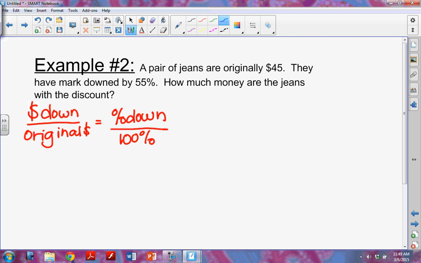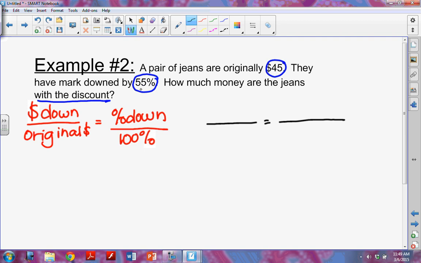Circle and underline what we need to. Pair of jeans are originally $45. Here's the typo. They have been marked down by 55%. 55% is a number. How much money are the jeans with the discount? So I've got all the numbers that I need, so let's set up our proportion. Money marked down. If you remember from the markup price example 2, it's the same way.